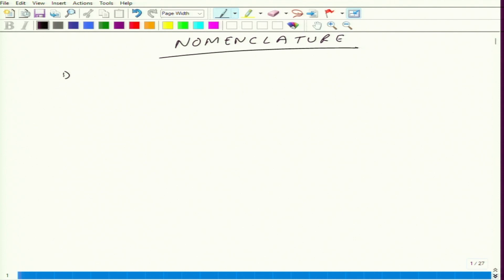I have already discussed two points in the previous classes: while naming any hydrocarbon, two things have to be kept in mind. First, identify the number of carbons, and second, identify which hydrocarbon is present.